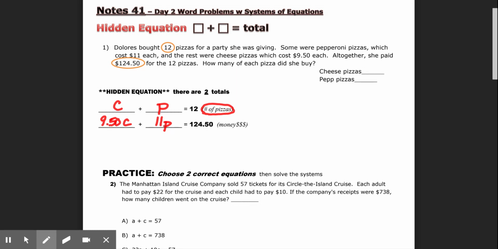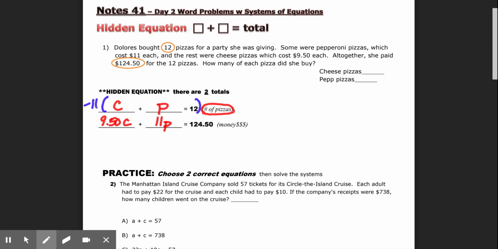So what I'm going to do here is I'm going to multiply this top equation, all of it. And I think the easiest thing to multiply by, to get rid of the p's, since this is a positive 11 in the bottom equation, we're going to multiply this by a negative 11.